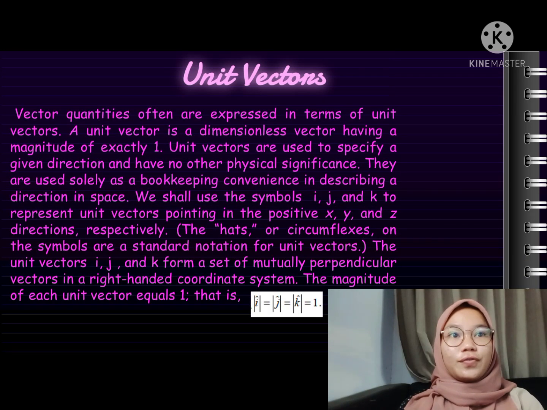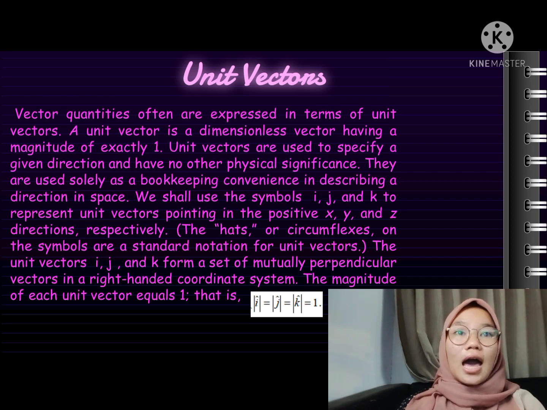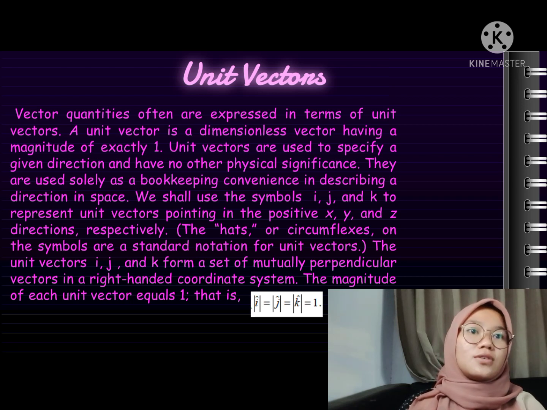Okay, next, unit vectors. Vector quantities often are expressed in terms of unit vectors. A unit vector is a dimensionless vector having a magnitude of exactly one unit. Unit vectors are used to specify a given direction and have no other physical significance.